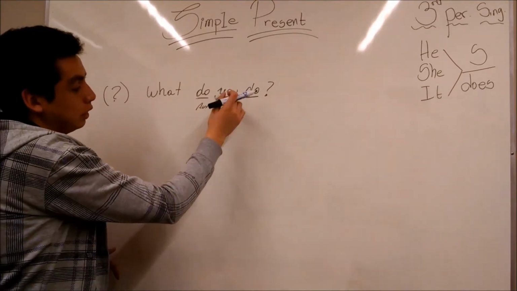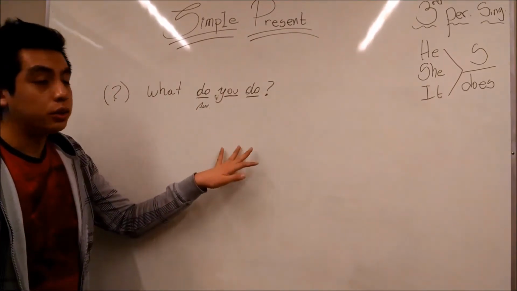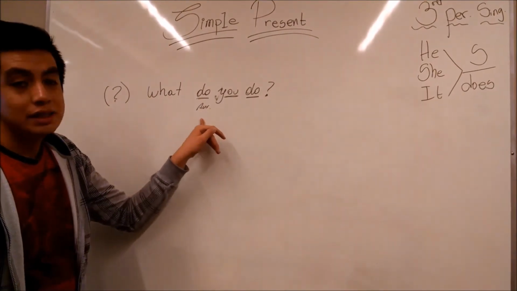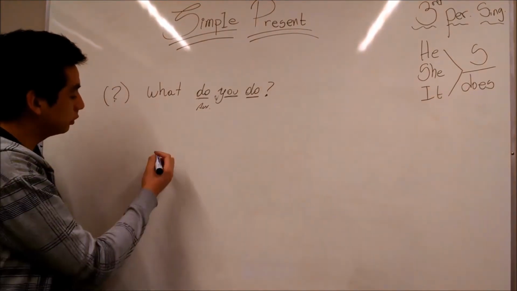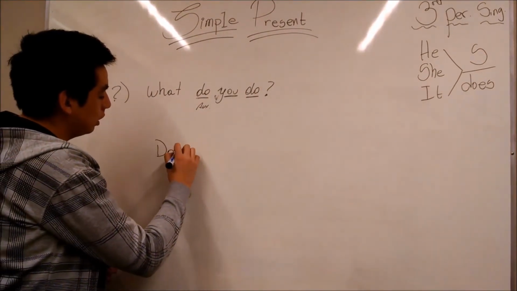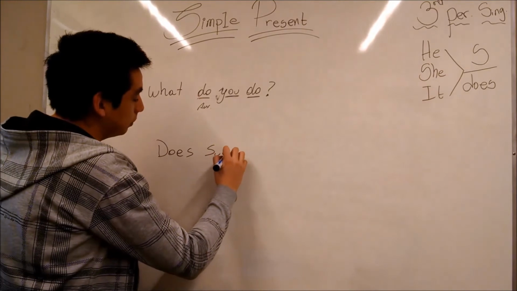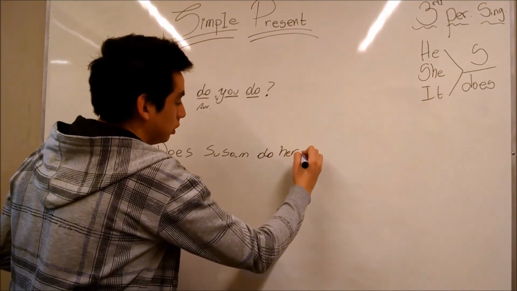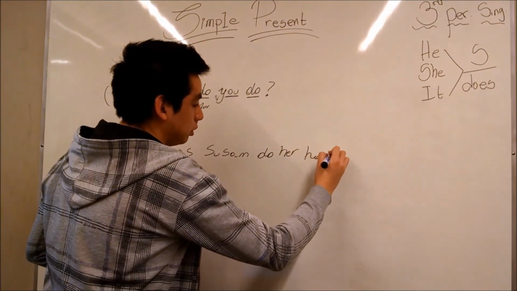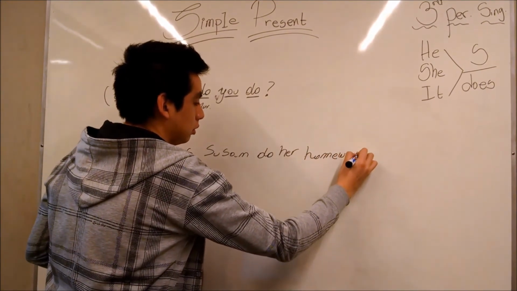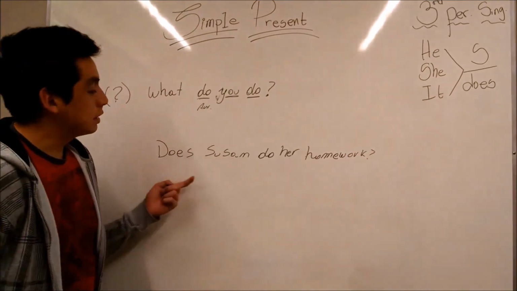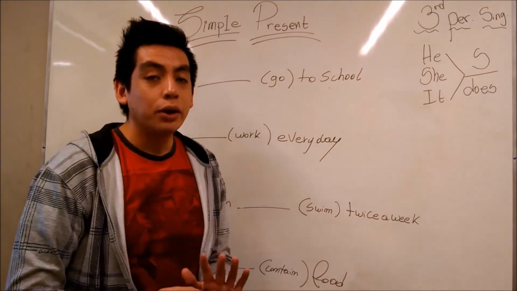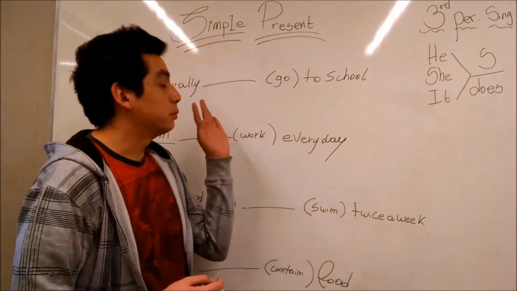If we have here he, she, or it that belongs to the third person singular, we have to put does. Okay? Now, another example could be: does Susan do her homework?